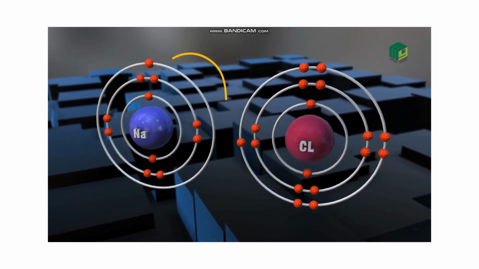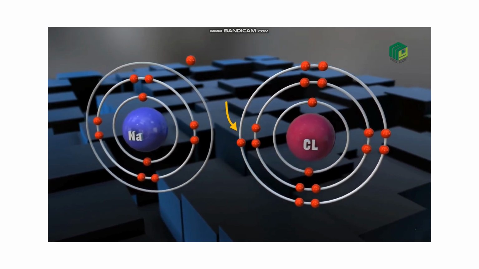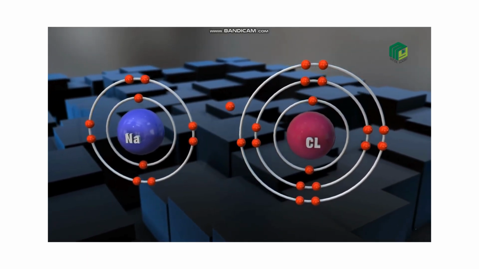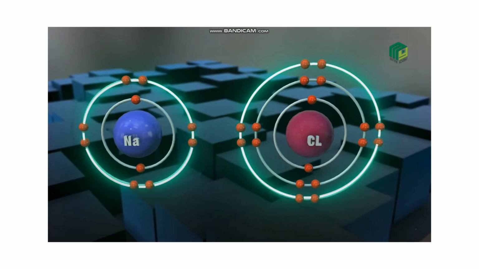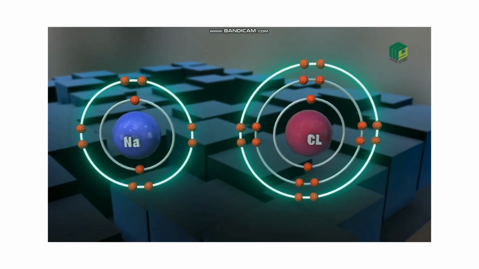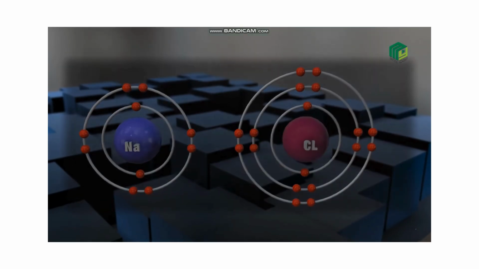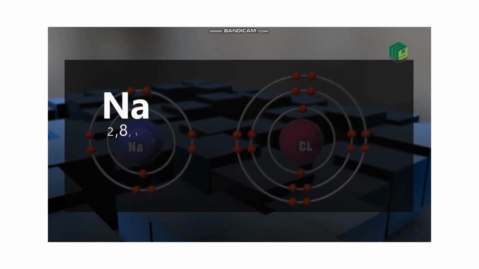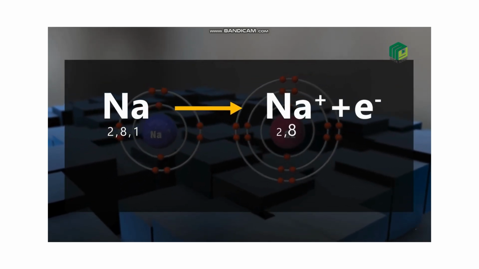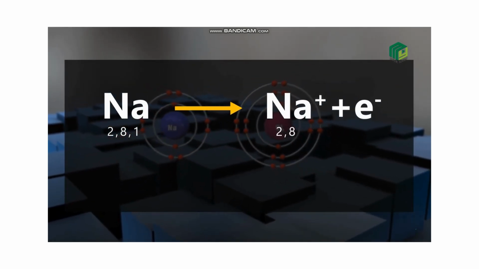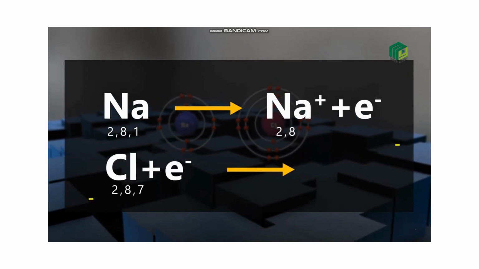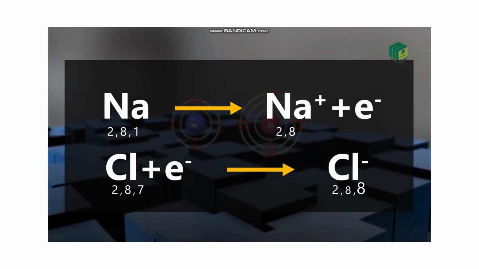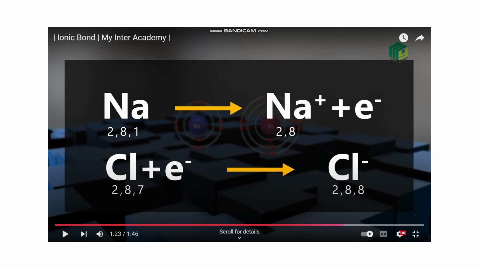When sodium reacts with chlorine, sodium transfers its 1 electron to chlorine. Sodium donates an electron, hence it gets a positive charge, and chlorine gains 1 electron, so it gets a negative charge. You can write this equation for your ease. You can write it in the book.